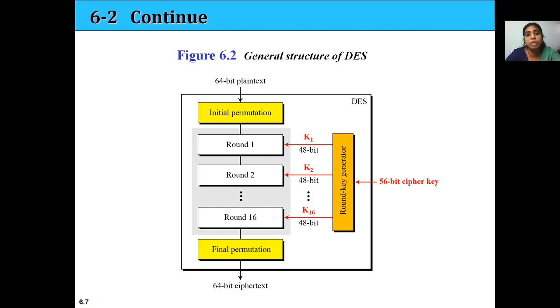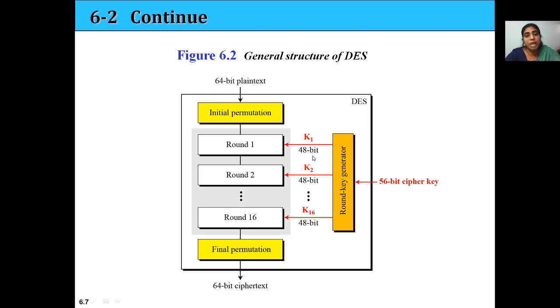That is the initial permutation. The outcome of the initial permutation is given as input to round 1. In this round 1 function, we have the expansion function, S-boxes and so on, and we XOR with the 48-bit key.